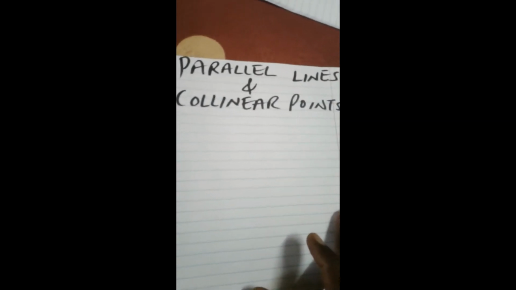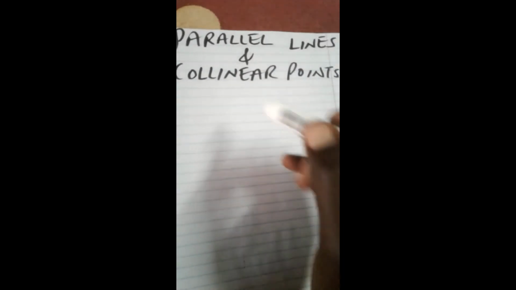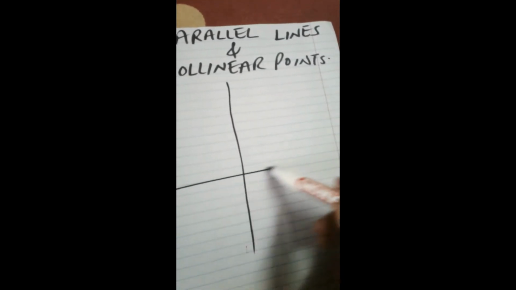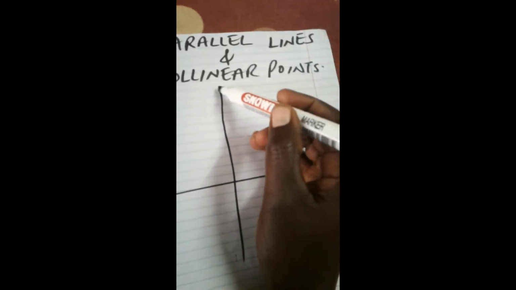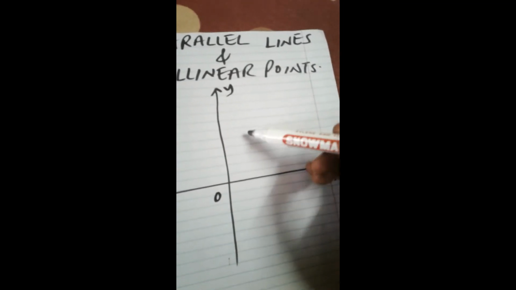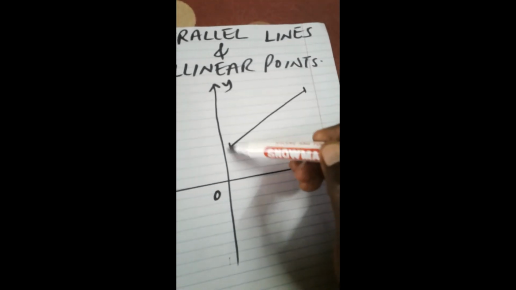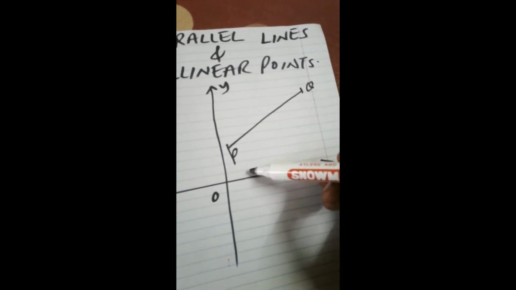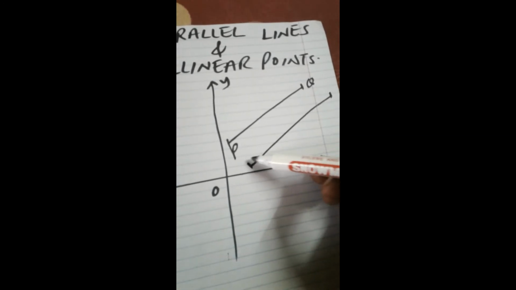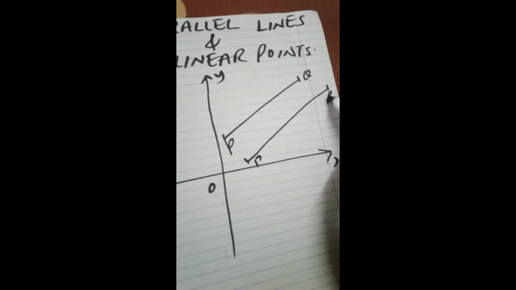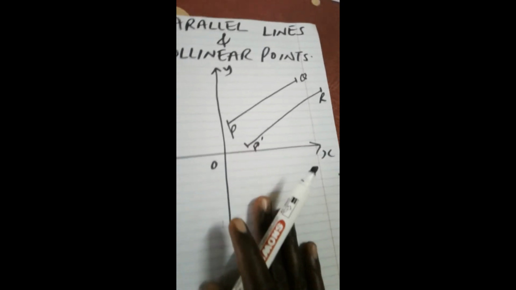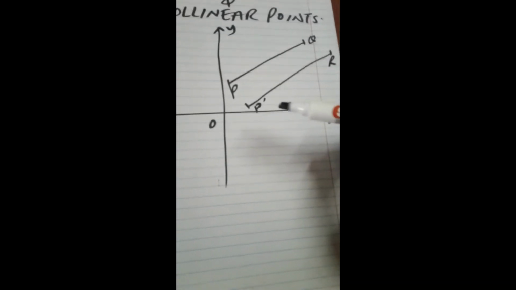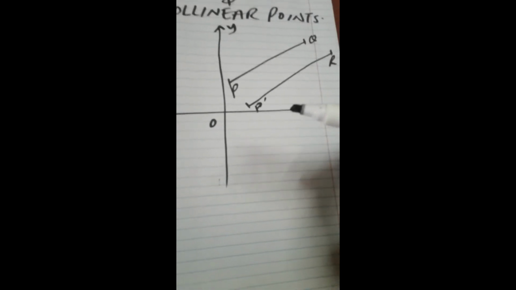Consider our discussion of parallel lines and collinear points. If you have the xy plane and say you have a line PQ and another line P prime R. PQ and P prime R are parallel because they don't share a common point and therefore they will never meet.